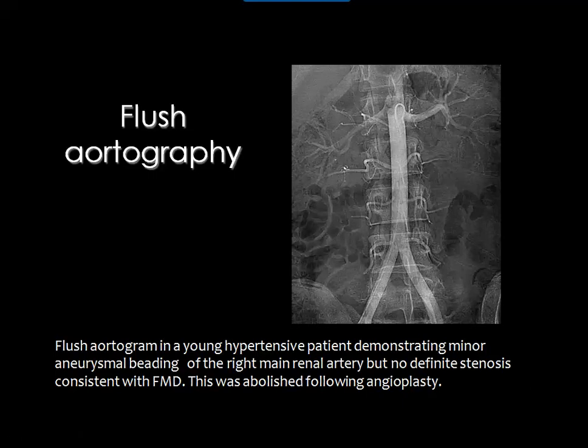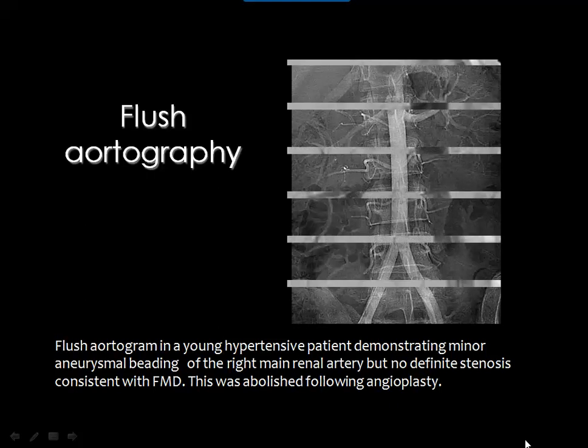Then before the era of CT angiography and MR angiography, we used to do this technique, which is known as flush aortography, by introducing a catheter via the Seldinger technique into the femoral artery, and we push the catheter upward into the aorta and put it at the level of the renal arteries, injecting contrast media to show the left and right renal arteries.